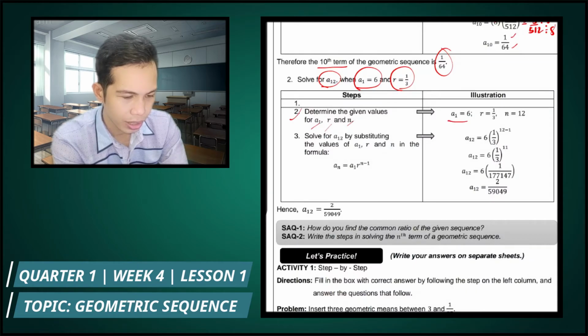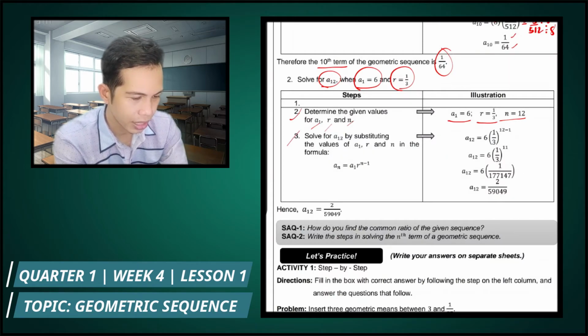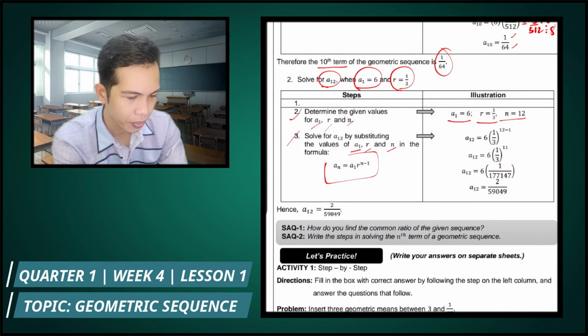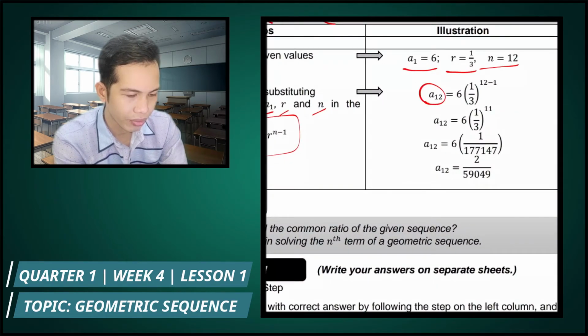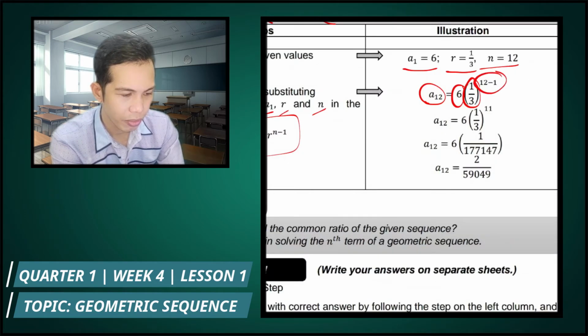So a sub 1 is 6, r is 1 over 3, n is 12, which is the total number of terms. Next, step number 3. Solve for a sub 12 by substituting the values of a sub 1, r, and n in the formula. So a sub n will be a sub 12, a sub 1 will be 6, r will be 1 over 3, n minus 1 will be 12 minus 1.